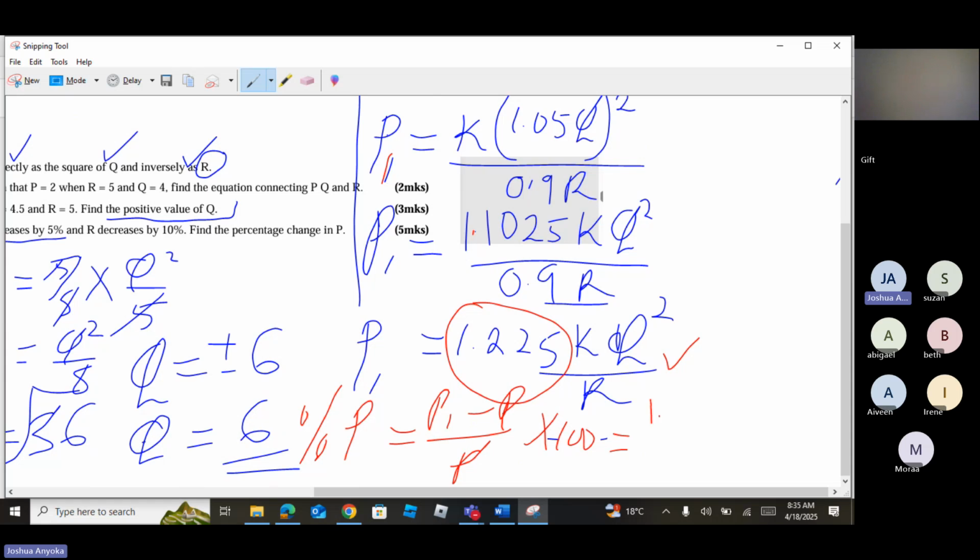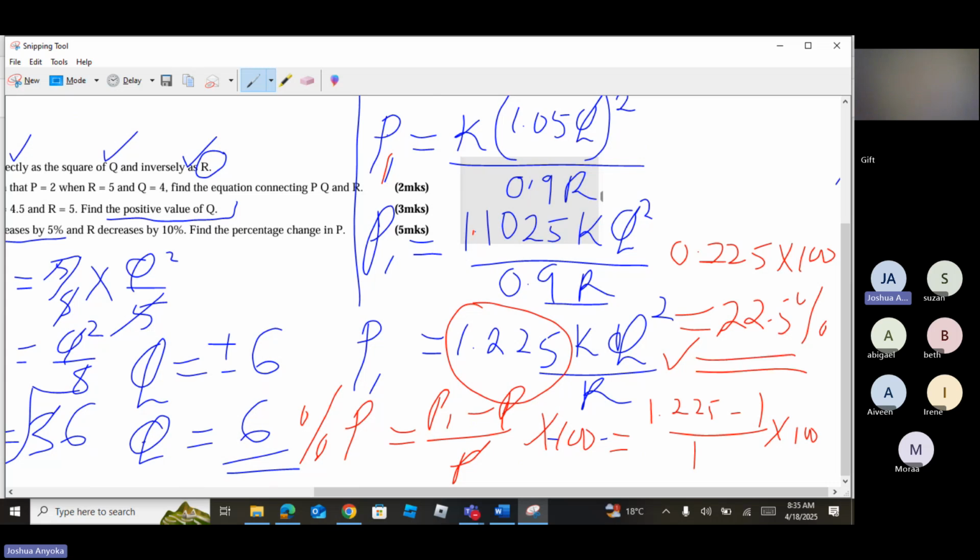So it is 1.225 minus 1 over 1 times 100. And this one gives us 0.225 times 100, so 22.5%.